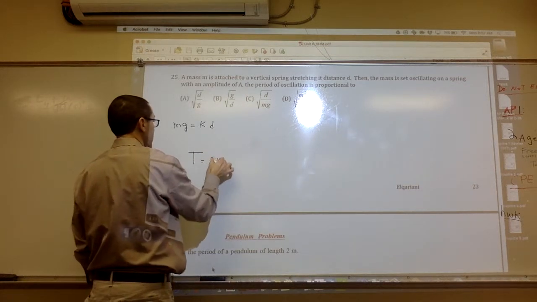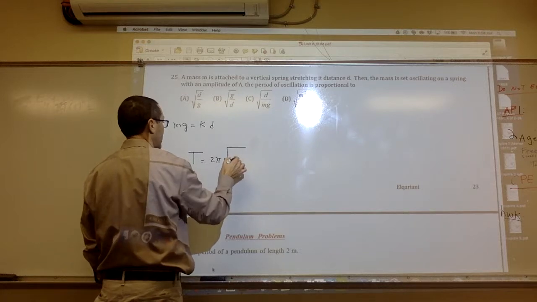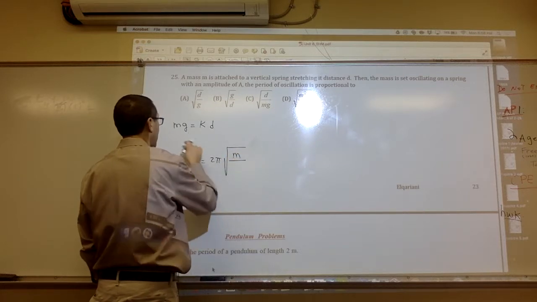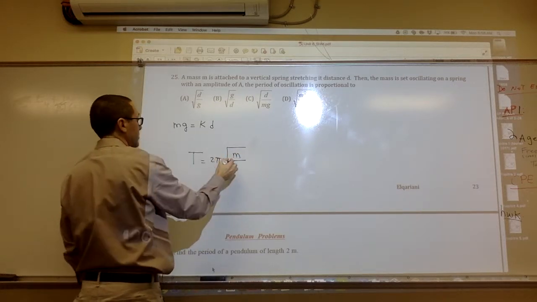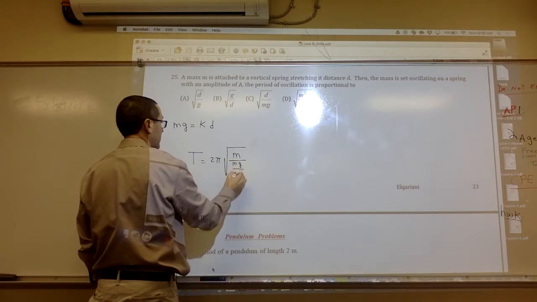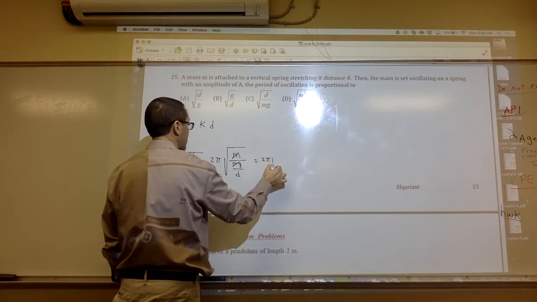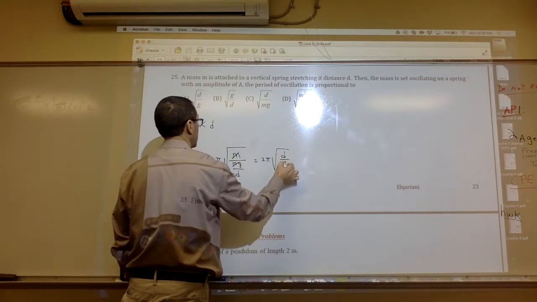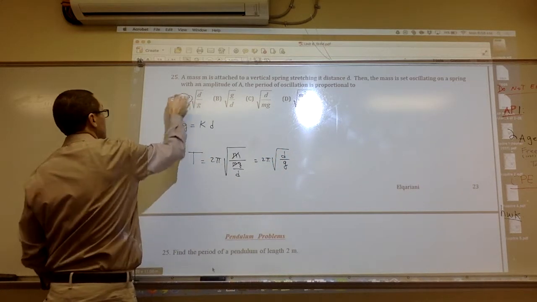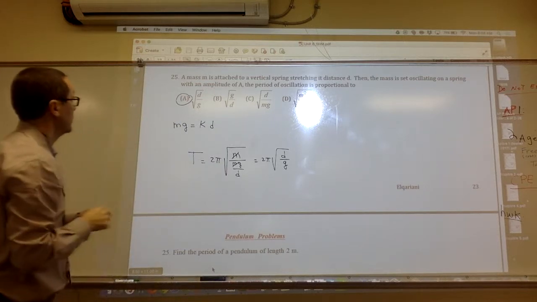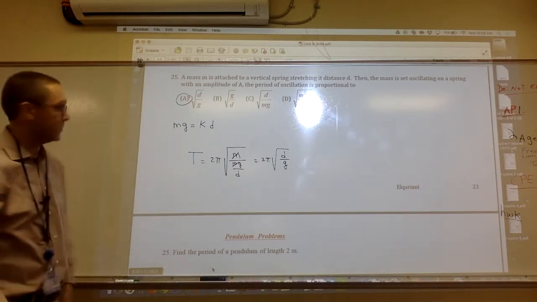The period is 2 pi square root of m over k. We can get k from here, which is mg over d. So it's going to be 2 pi square root of d over g, proportional to the square root of d over g.